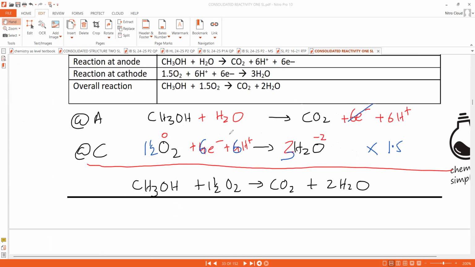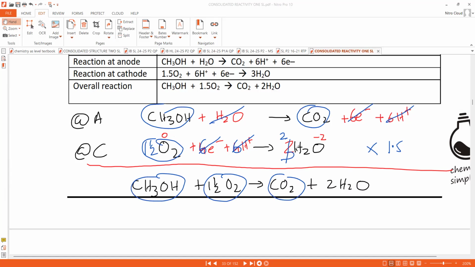Now the 6 electrons cancel, the 6H+ gets cancelled, and 1 water gets cancelled out of 3, leaving 2 waters. What remains is 1 methanol, 1.5 oxygen, 1 carbon dioxide, and 2 water.